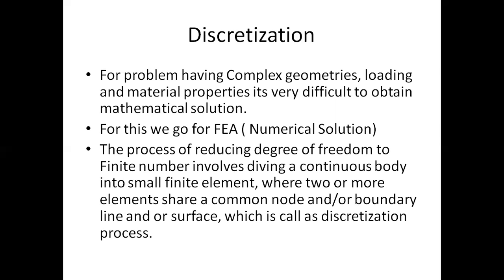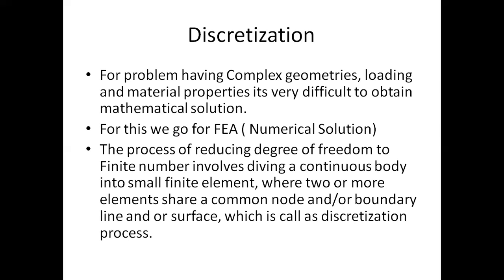Okay, then we go for the FEA solution. Why do we go for the FEA solution? In a complex problem, it is very difficult to obtain the mathematical solution. If we change a small value, then we have to go again and again for the full calculation of that part. To overcome this problem, you go for the numerical solution.